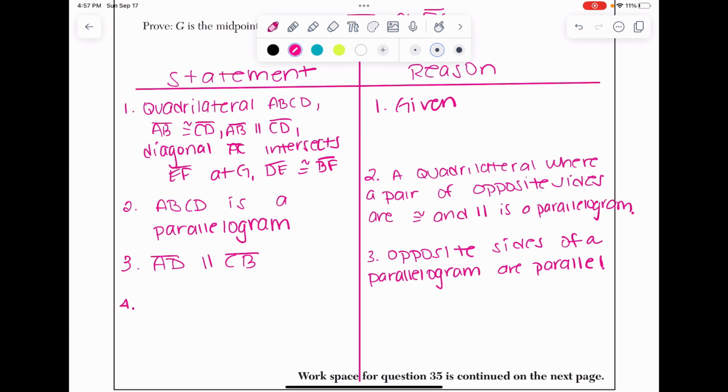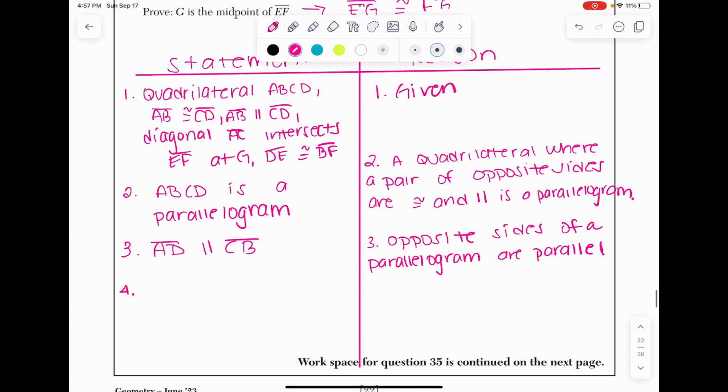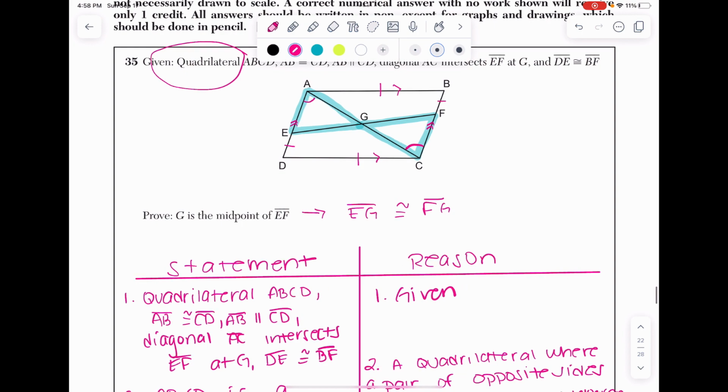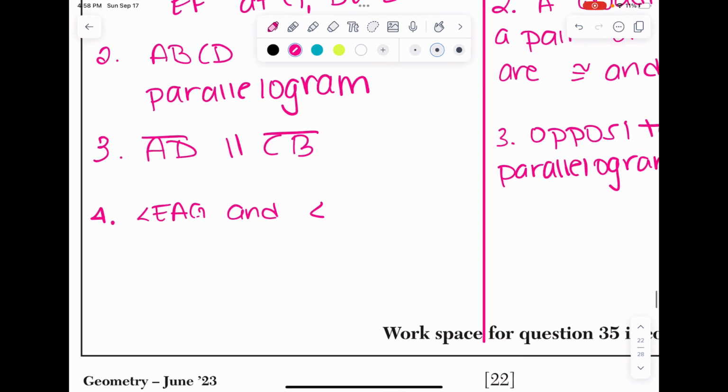So for line 4, I'm going to identify them. One looks like angle EAG, and the other, FCG, are alternate interior angles.